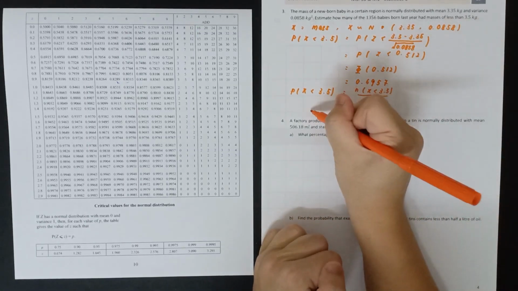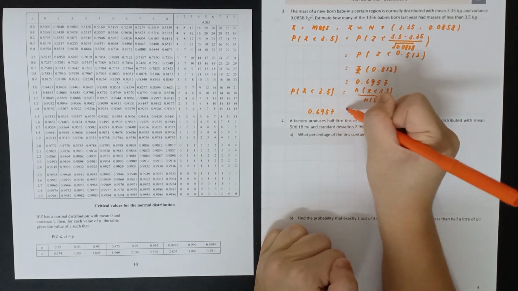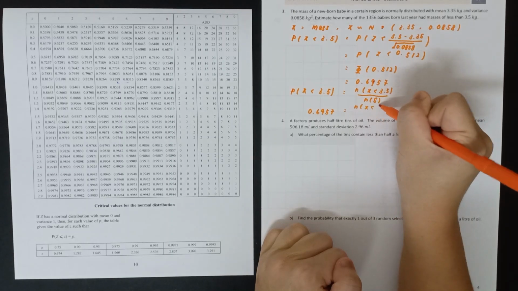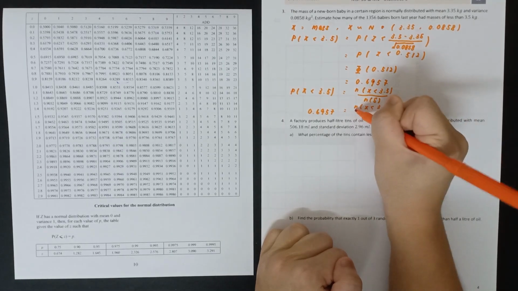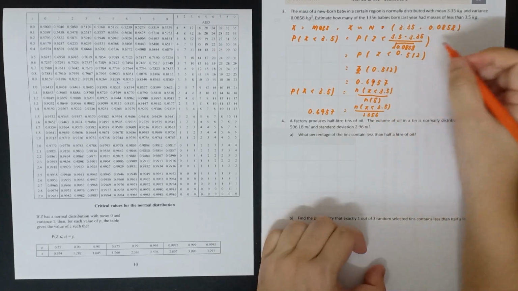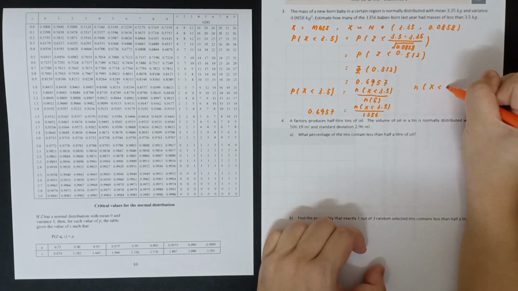So 0.6957 equals the number of babies that I want to find, divided by my total babies, which is 1,356. After I solve it, I should be able to get the number of babies.